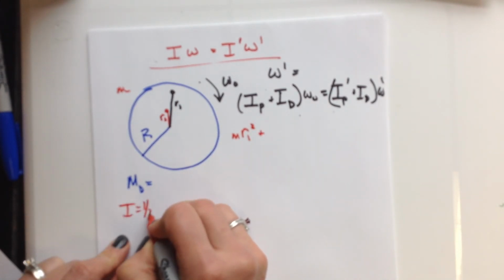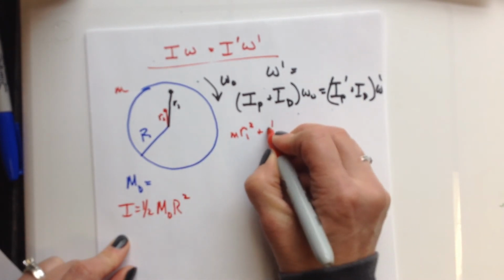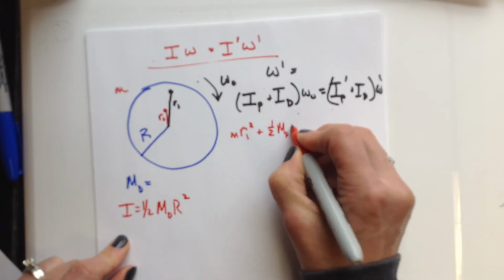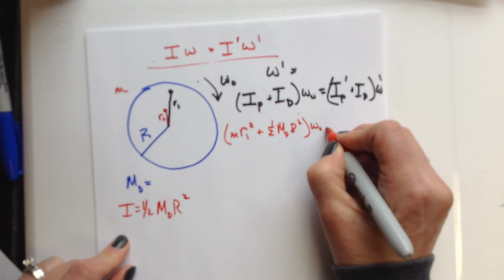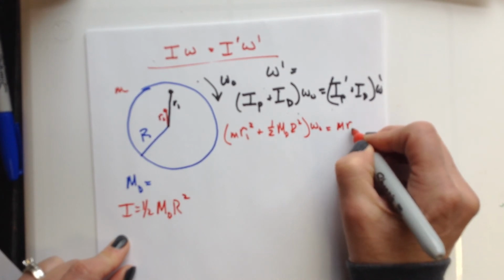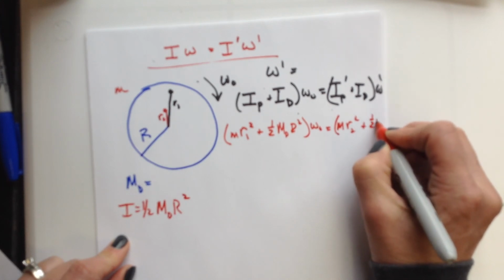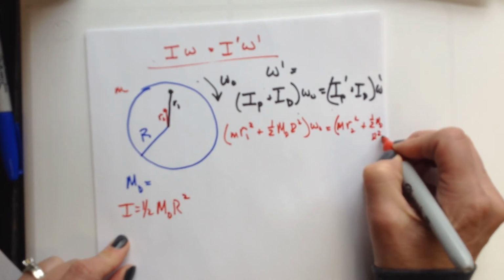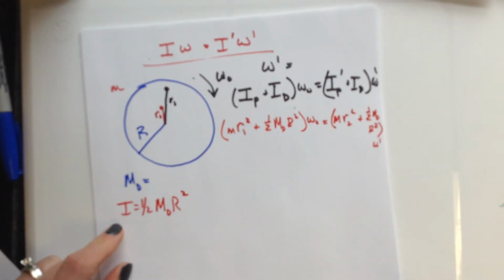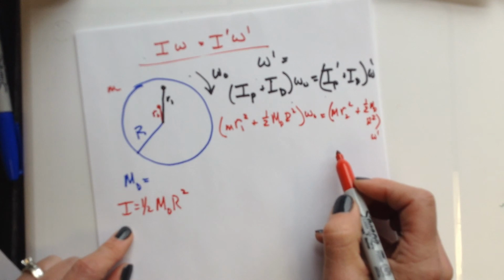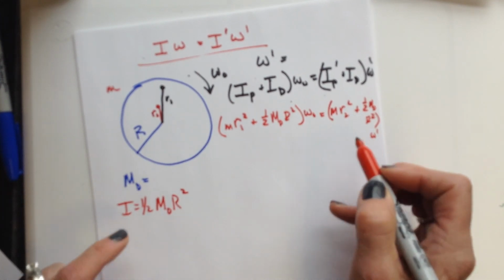Again, let's call it a solid disk, so 1/2 mass of the disk r squared, times my initial angular velocity, is going to be equal to m times r2 squared plus, again, 1/2 mass of the disk, oh, I'm running out of room, r squared, again, times my final angular velocity. So again, this really just becomes kind of a big algebra problem to isolate your variables and work your way through it.